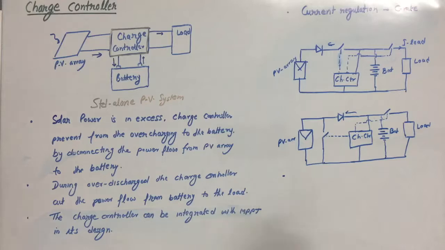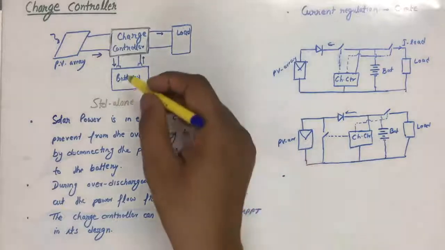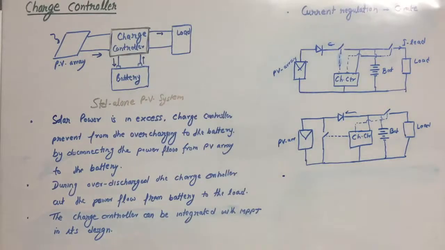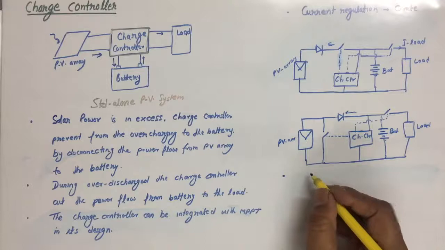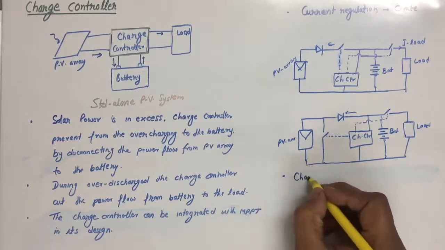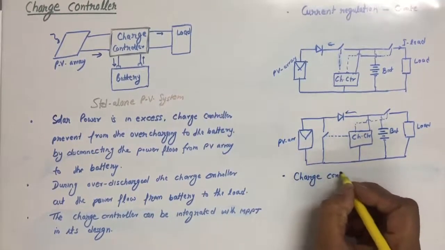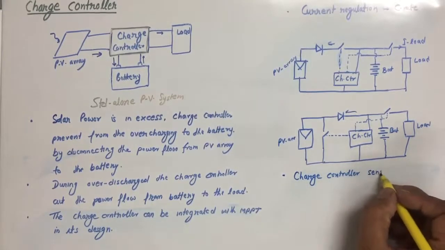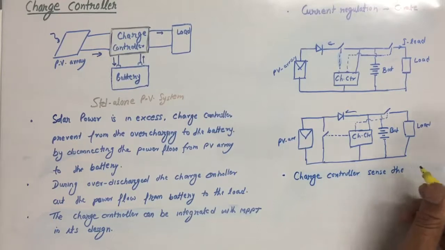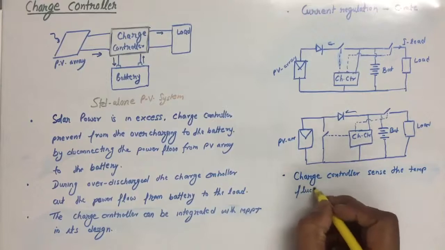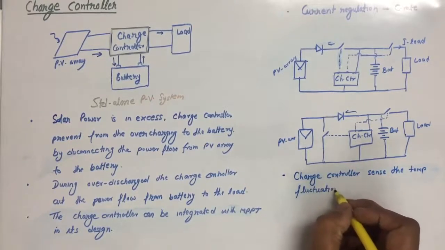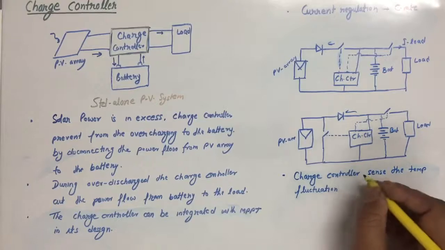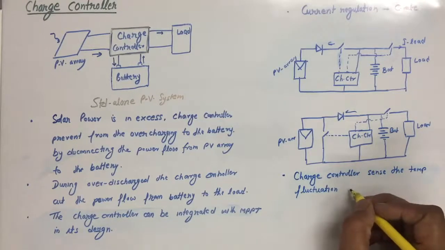For this reason, the charge controller is usually kept close to the battery. So one sentence we can write regarding this point: the charge controller senses temperature fluctuations and decides how electrical parameters change.